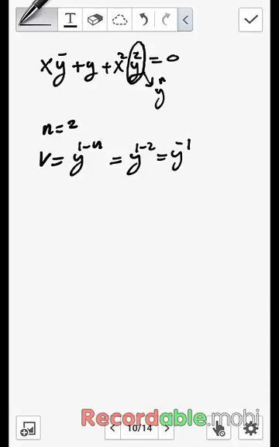If we go back to our equation, we could rewrite it as x times y prime plus y equals minus x squared y squared.